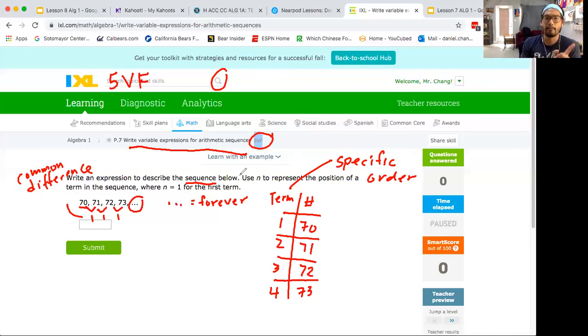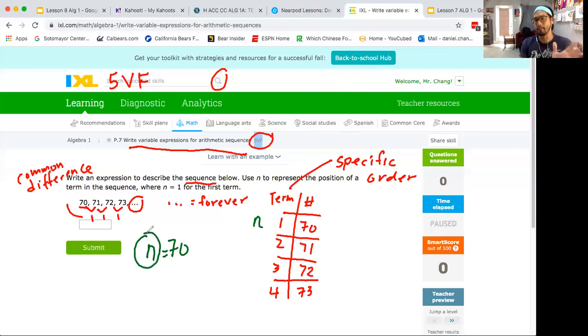So now, instead of the number 1, the number 2, or the number 3, we're going to start to replace this with n and see what happens. So what if this were an n? In the first term, n has to get you to 70.